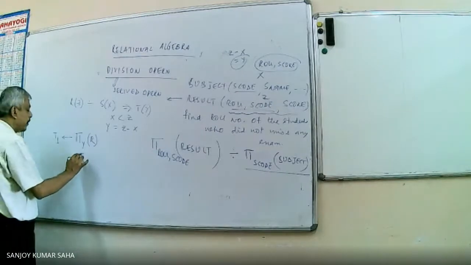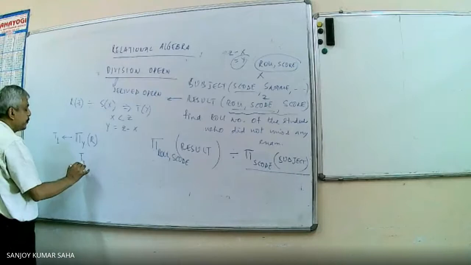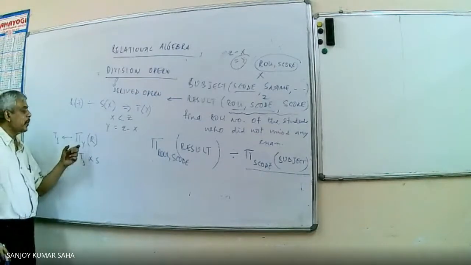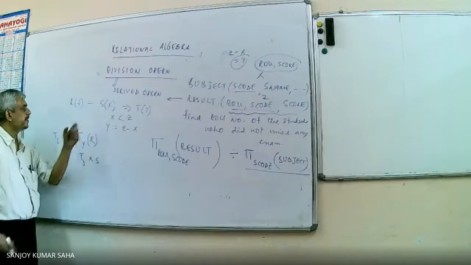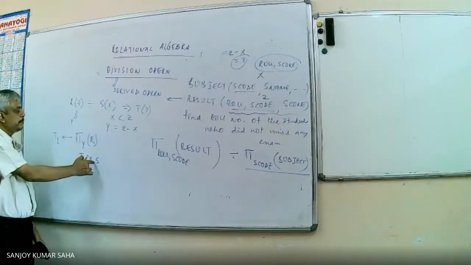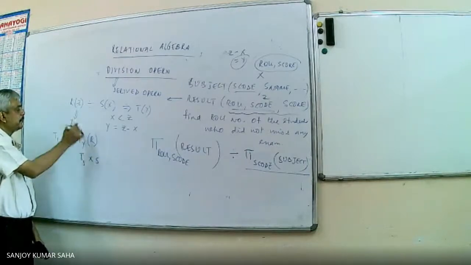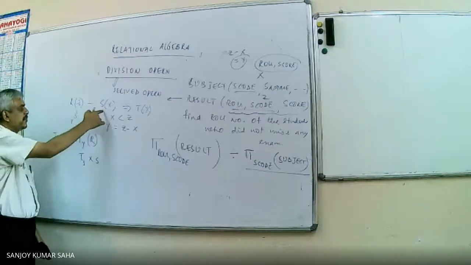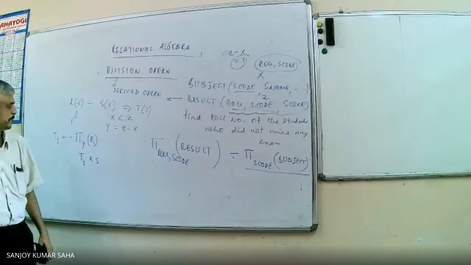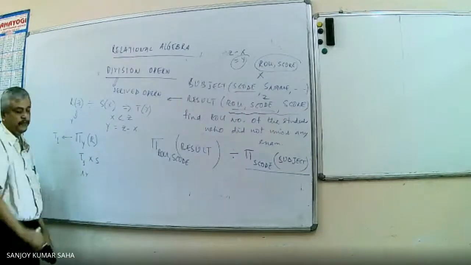Now if we go for T1 cross S, then we will be getting all possible combinations of Y and X. So from here we have taken Y. Now next step, when we are doing this Cartesian product, we are getting all possible combinations of xy values.